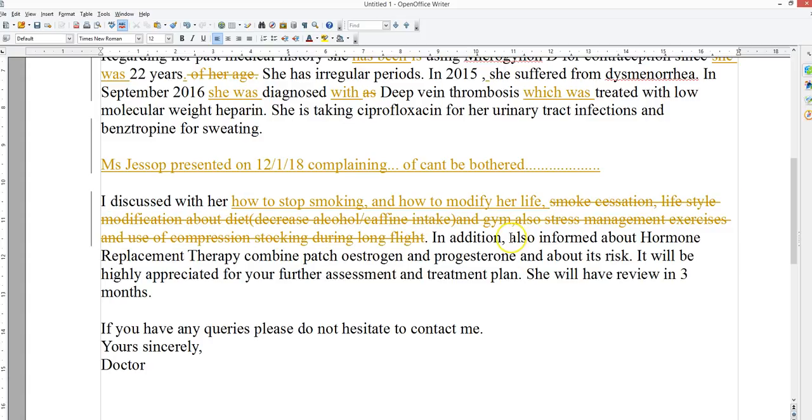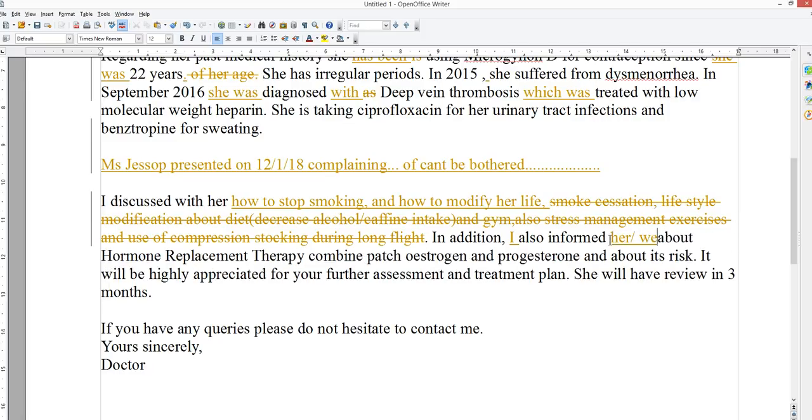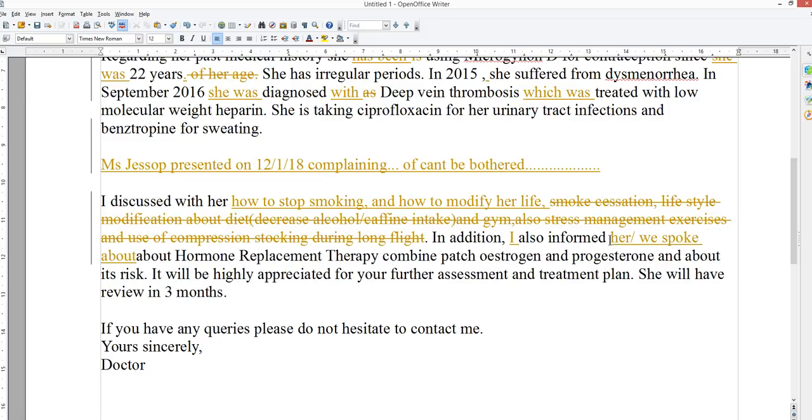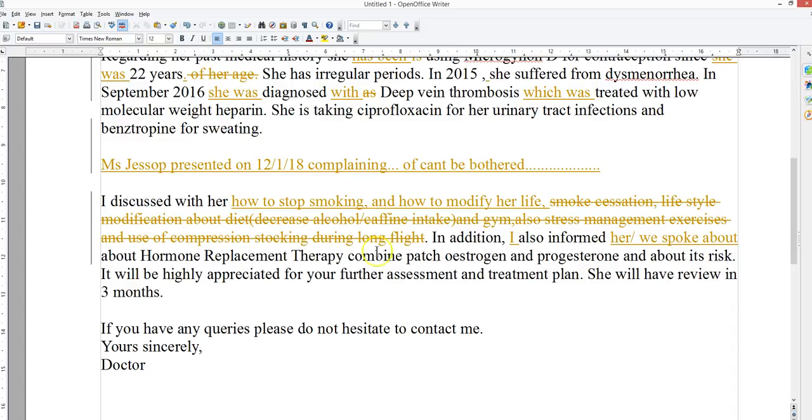Okay. In addition, also informed. Who informed whom about what? In addition, I also informed her, or we spoke about is better, I think. So you can say, I also informed her, or we spoke about HRT, combined practice run, and about its risk. It will be highly appreciated.